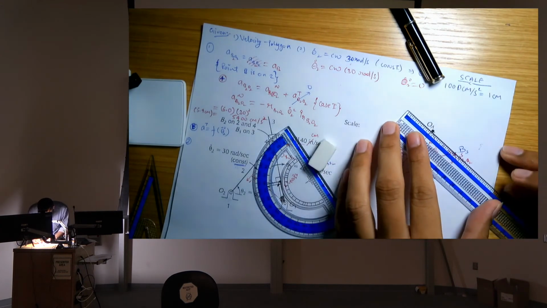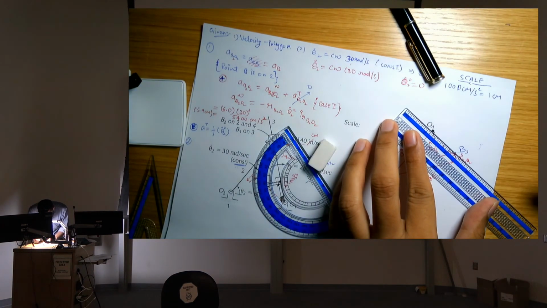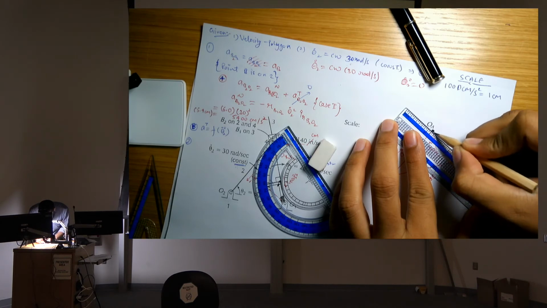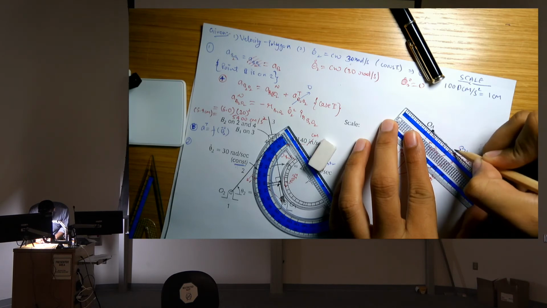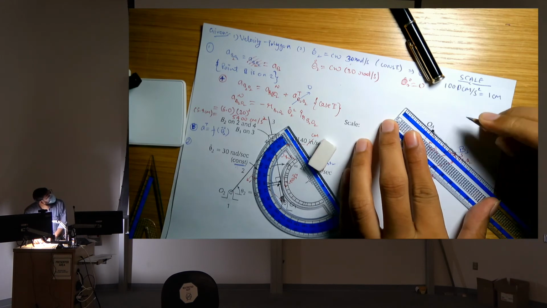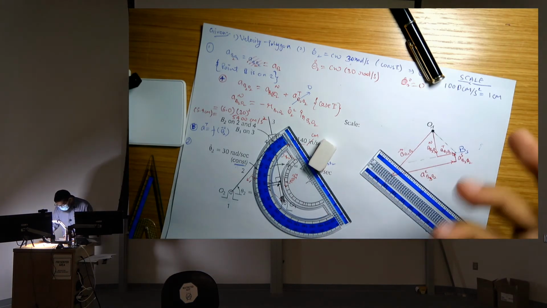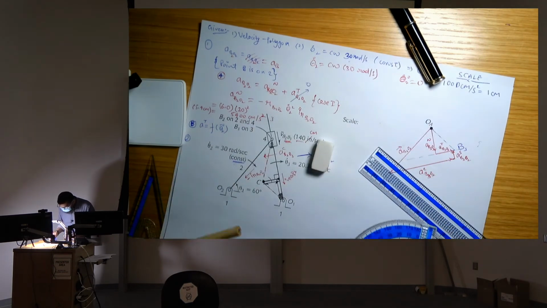So first let's just join a hypothetical line, okay. Is it visible? Okay, yeah. Now we have to create C somewhere. So let's just see what angles we have.